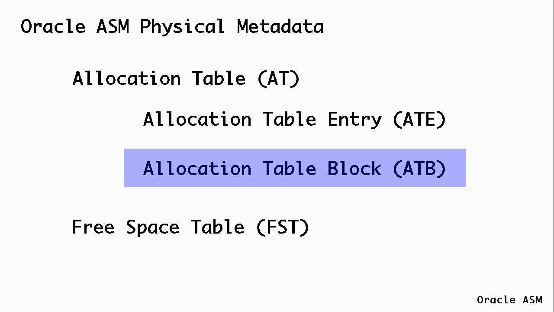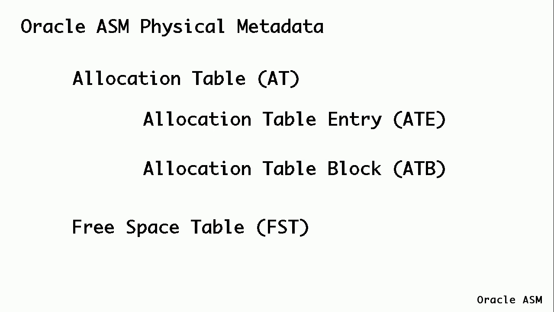Collection of 64 allocation unit entries are called an allocation table block. In most cases, an entire allocation table can fit in one allocation unit. But it is possible to have more than one allocation units for a large allocation table.